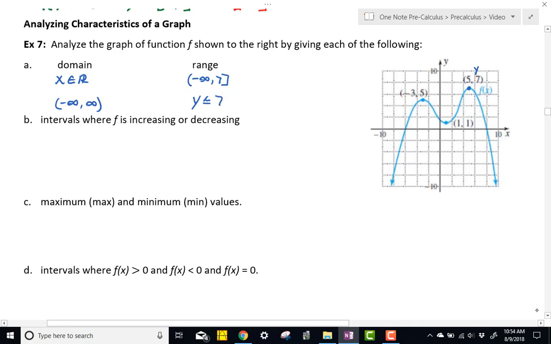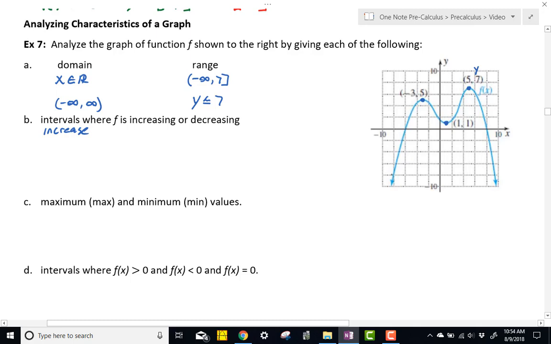All right? I need some intervals where f is increasing or decreasing. I've got a bunch of those, and they're all pretty much marked out for me here. I've got a relative max here, a relative min here at (1, 1), and I have an absolute maximum at (5, 7). So let's do increasing first.